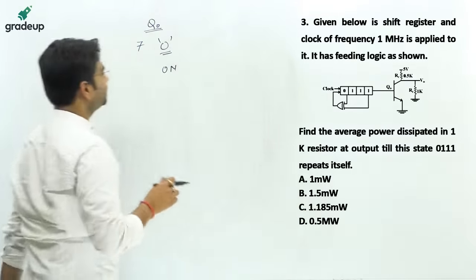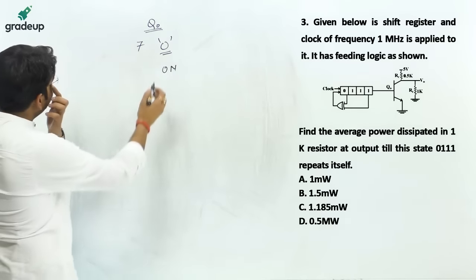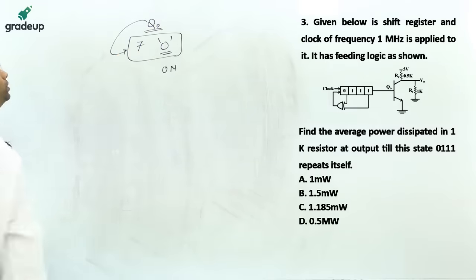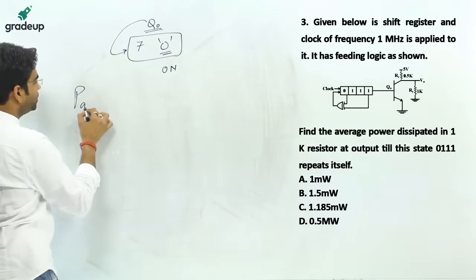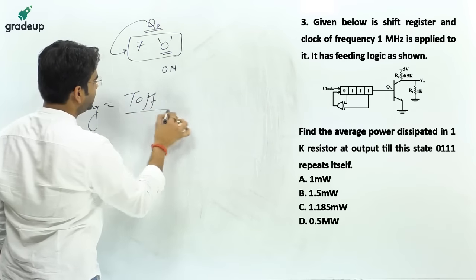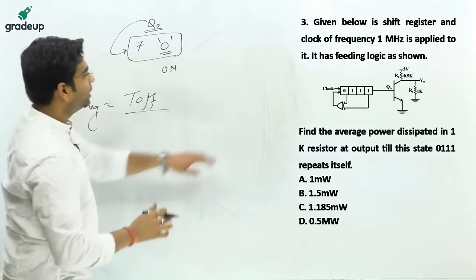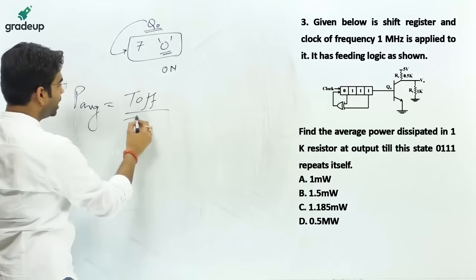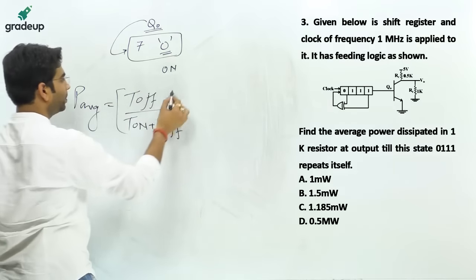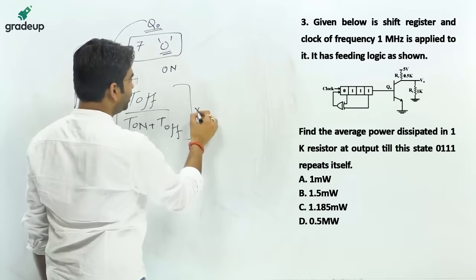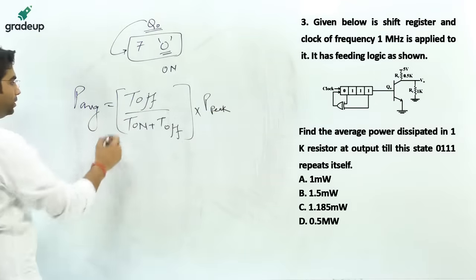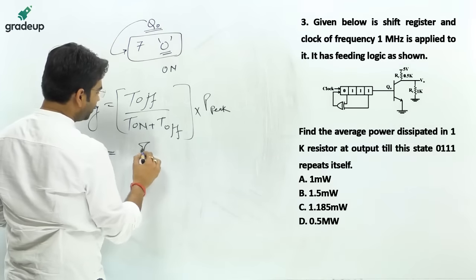Getting that concept, there were 7 times the output Q0 was 0. So P average will be T off upon T on plus T off, into P peak, the peak power.